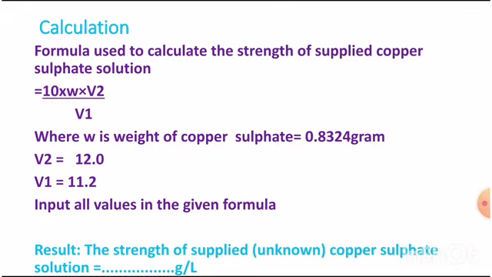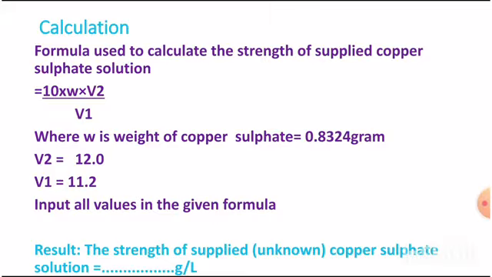Calculation. Formula used to calculate the strength of supplied copper sulfate solution is N into W into V2 upon V1, where W is the weight of copper sulfate that we have already calculated, is 0.8324 gram.